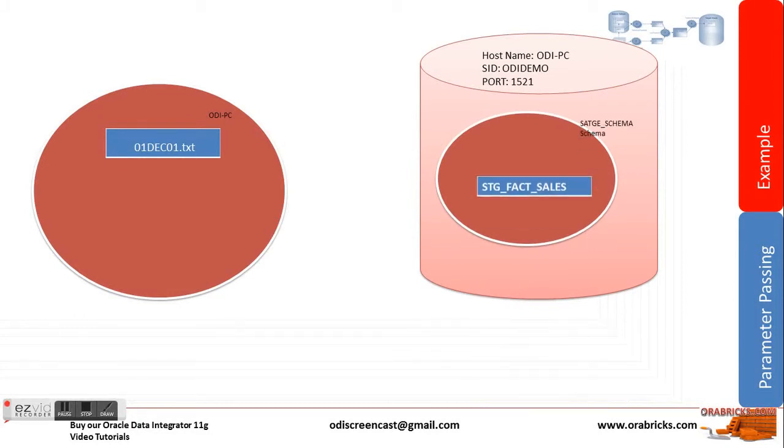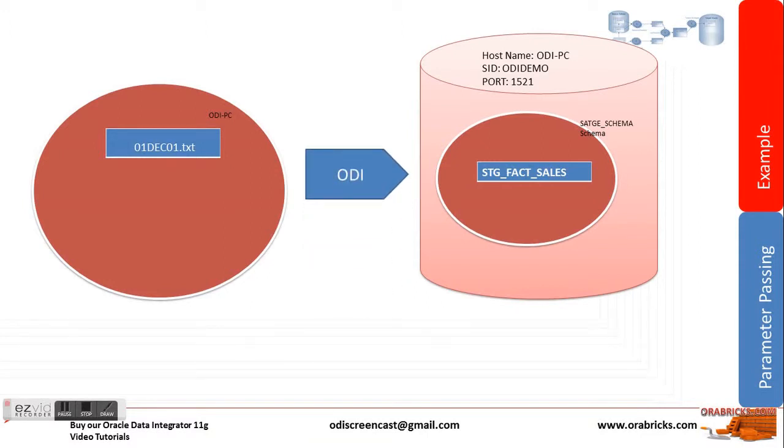We have a schema here called stage underscore schema, and a stage table, which is our target table for this file, called stg fact sales. We have to populate this table stg fact sales by fetching the records from the file 01 December 01.txt. So we have to create an interface with the name inf stg fact sales. This mapping populates stg fact sales with the sales transaction file which we received on 01 December 01.